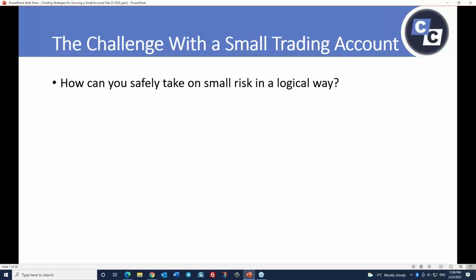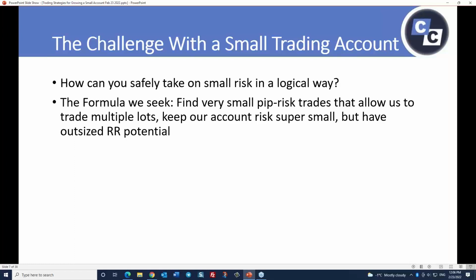It's a logical formula, and it's this: the combination of factors we're looking for is the skill to find very small pip risk trades, which allow us to trade multiple lots, but at the same time keep your account risk very, very low, and at the same time have outstanding reward-to-risk potential. That's really what we're after. That's the bottom line that we're trying to find.